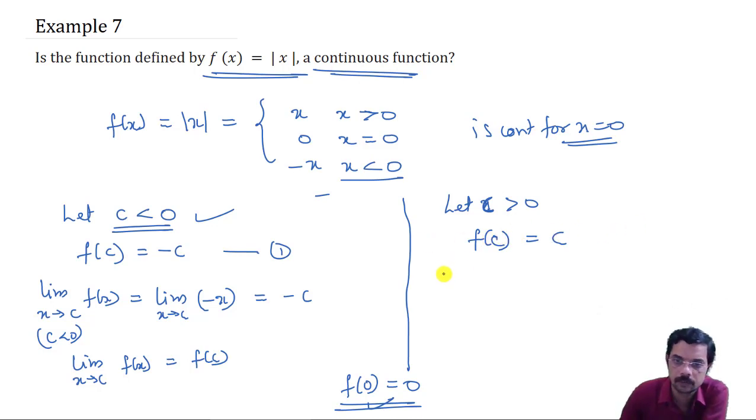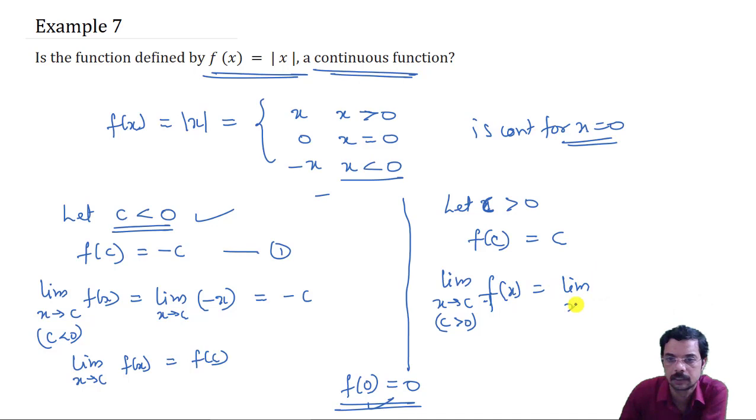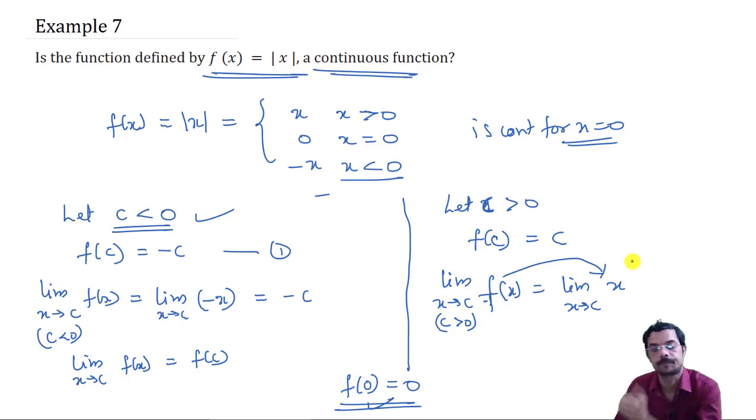So limit x tends to c, where c is positive, of f of x is defined as x when x is positive, and that will be equal to c. When you put x equal to c, you get c here.